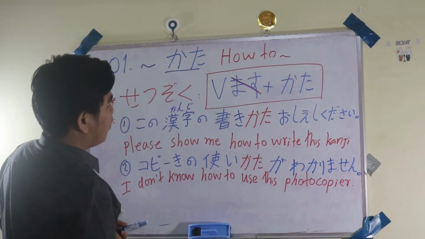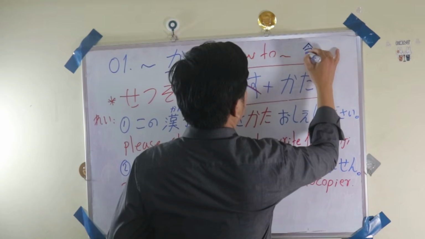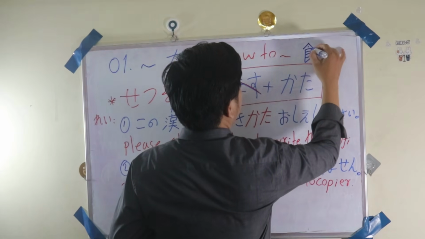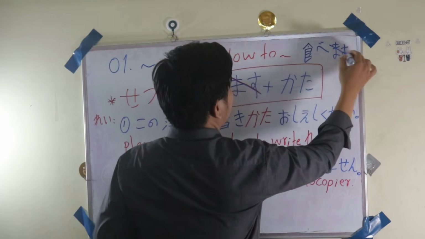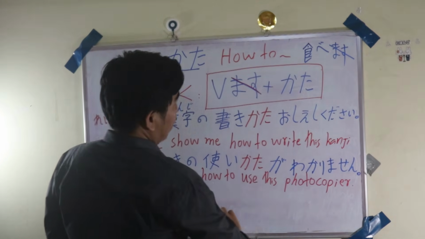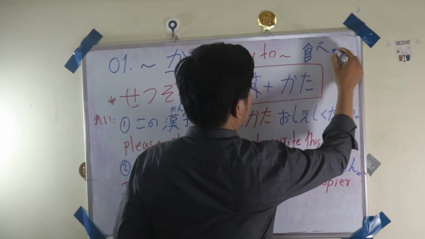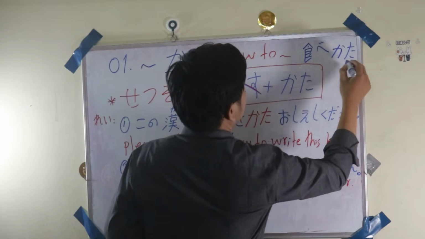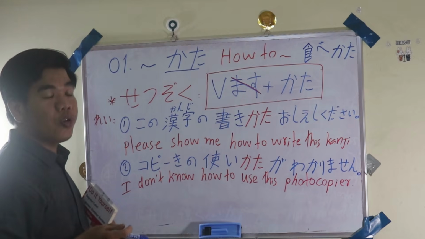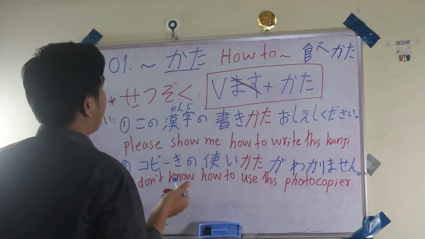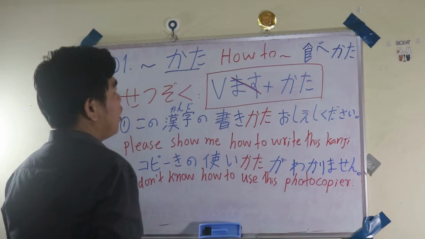For example, 食べます. Since this is 食べます, you delete ます and add 方. It means how to eat, or the way of eating. 食べ方 means like this.